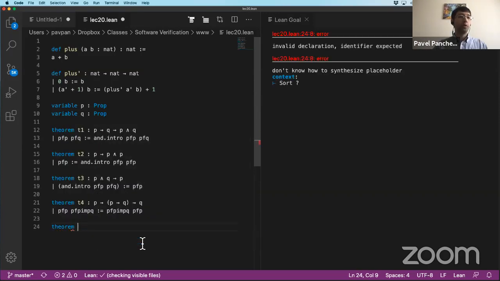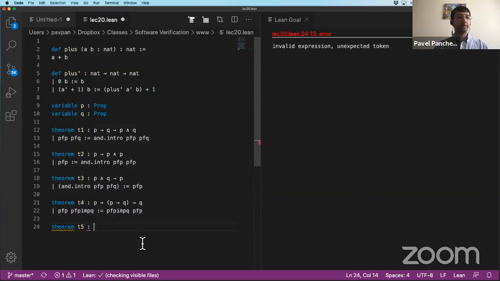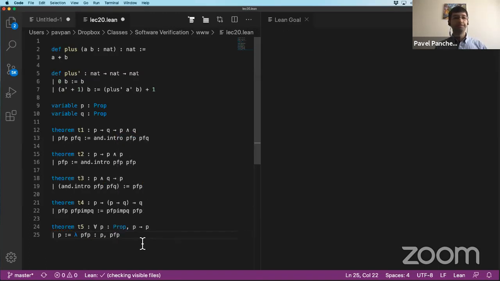Similarly, if we wanted to produce a proof that, for example, for all P, P implies P, then I would do that by saying for any P, I'm going to return a function that takes a proof of P and returns it.